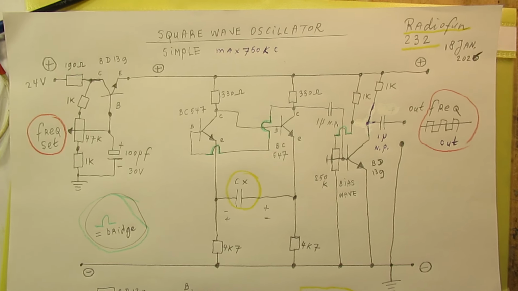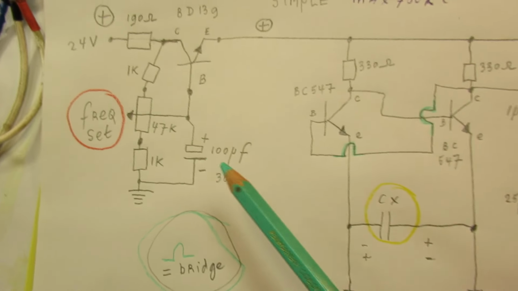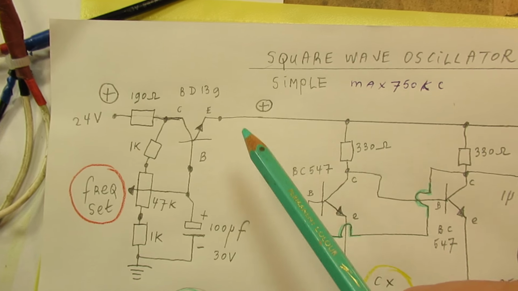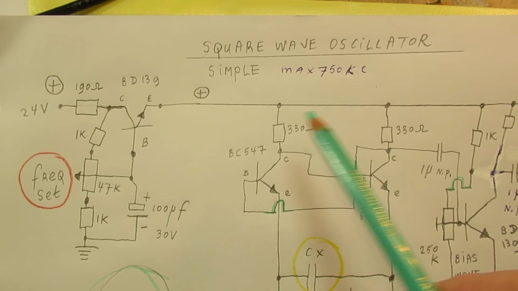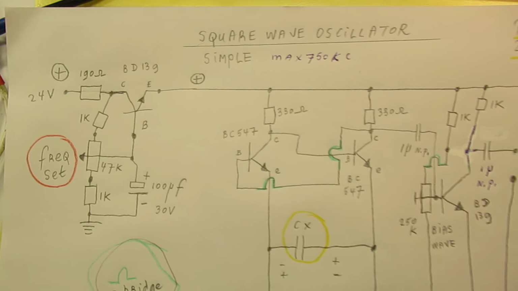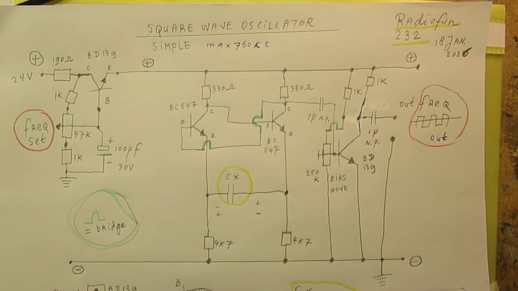The circuit is very simple. Here is a voltage regulator via which we send different voltages to that multivibrator, and these voltages are responsible for the frequency band.